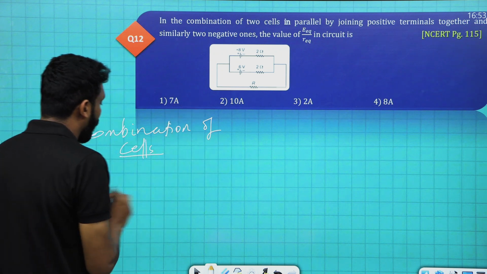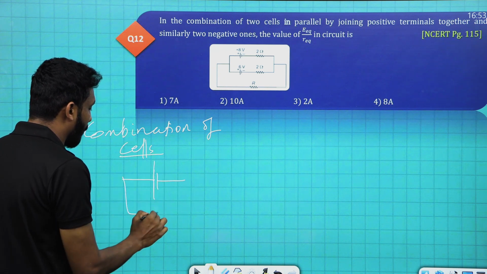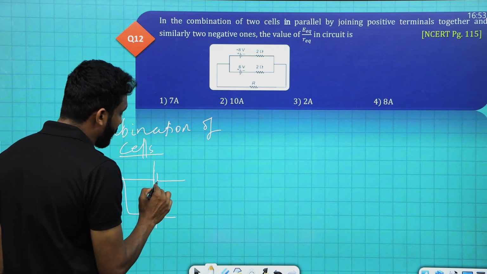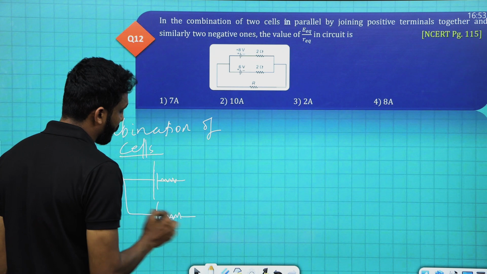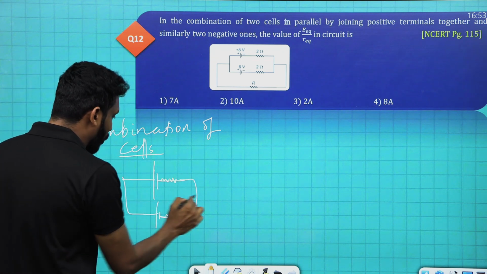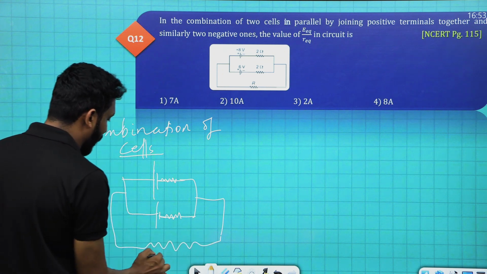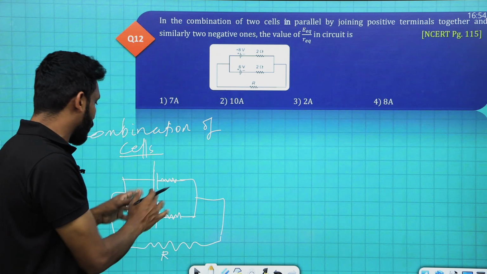In the figure, two cells are combined in parallel. The internal resistance is mentioned here, and this combination is connected to an external load R.